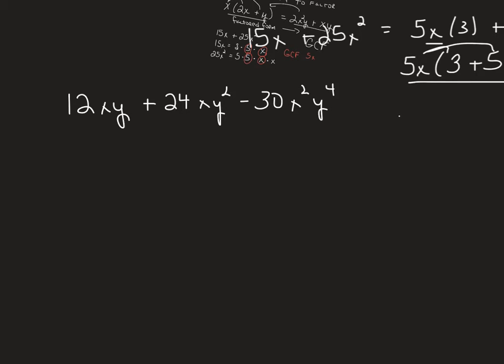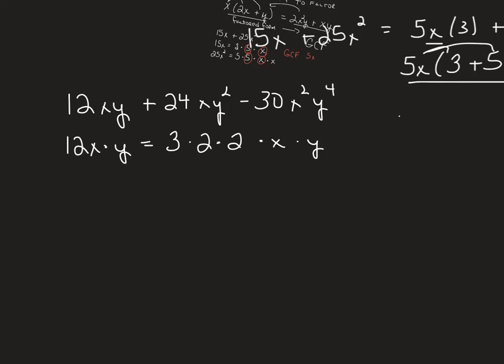Now you might immediately see that the greatest common factor is 6xy, but if you don't, let's see how we could find that. If I factor 12xy, well, that's the same as saying 4 times 3, or 3 times 4, which is 2 times 2, times x times y. So that's factored to prime factorization.